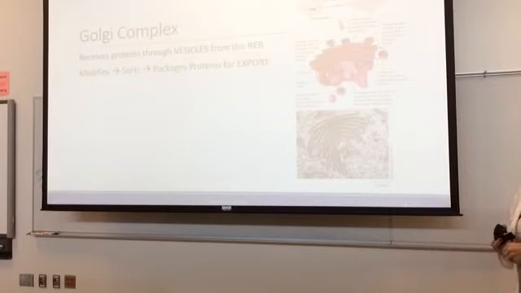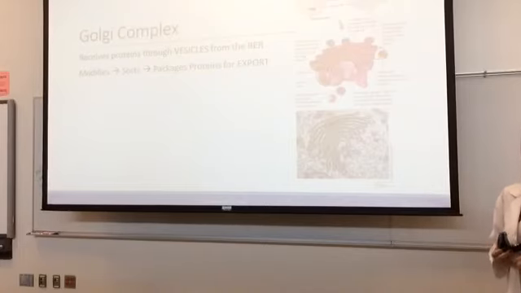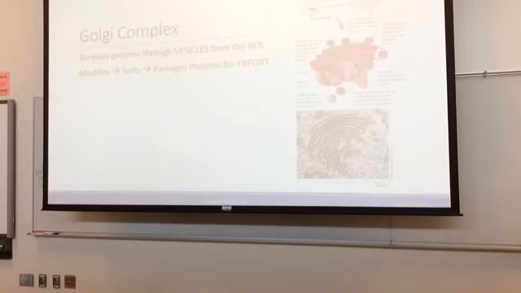But the Golgi apparatus, the first point says, it receives proteins through vesicles from the RER. What's RER? Right, rough endoplasmic reticulum. Fantastic. So it receives proteins through vesicles from the rough endoplasmic reticulum.